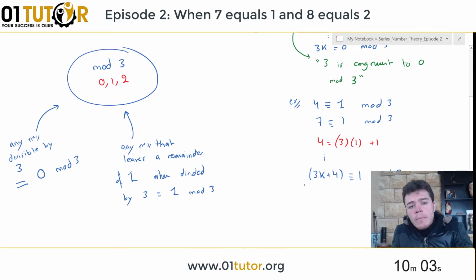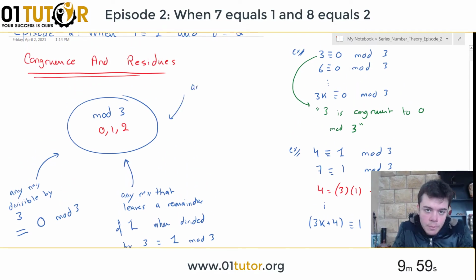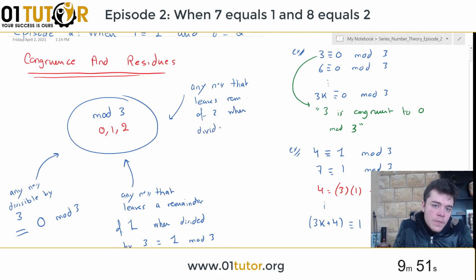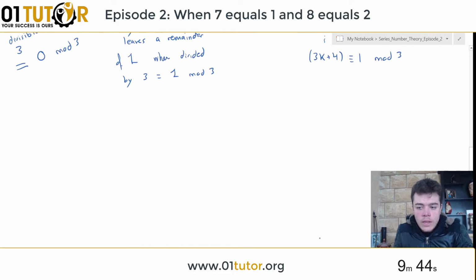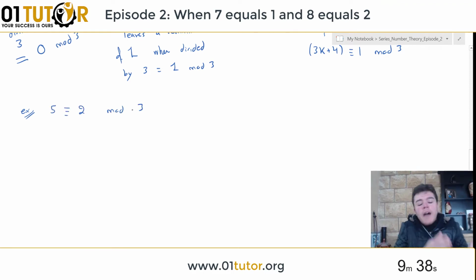We still have the numbers that leave a remainder of 2 when they are divided by 3. So if you put in here any number that leaves a remainder of 2 when divided by 3, we say that it is congruent to 2 mod 3. For example, 5 is congruent to 2 mod 3 because 5 leaves a remainder of 2 when divided by 3.